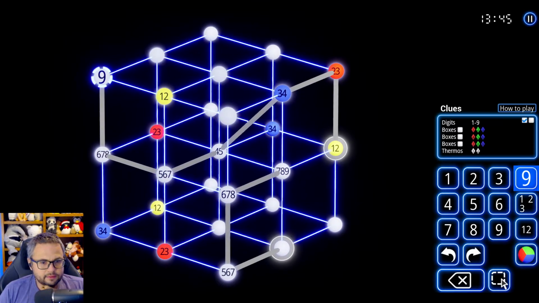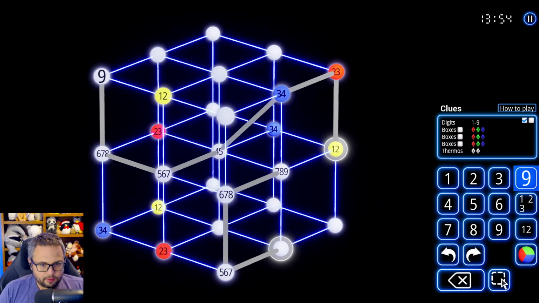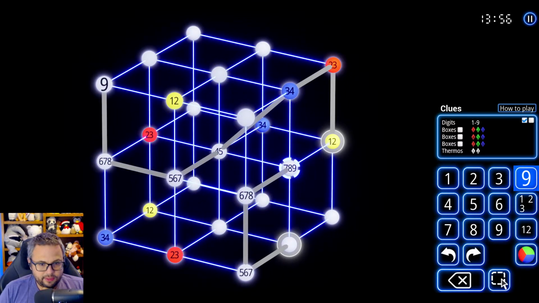Okay. So these digits are all different. Oh, and these digits are all different. Oh, wait, this digit sees the quadruple. This digit sees that quadruple of things. So this is a 9.